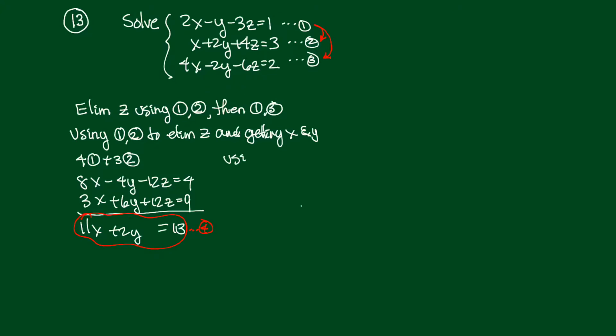Now, all right, so that was 1 and 2. Now using 1 and 3 to eliminate z, getting us, again, x and y. So, with 1 and 3, focus in on these coefficients. I got a 3 and a 6.